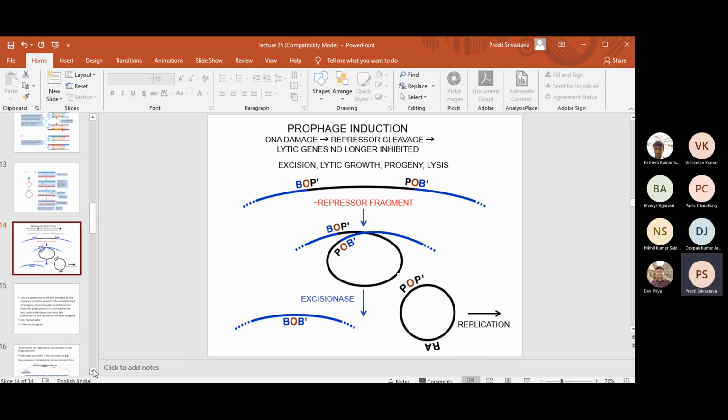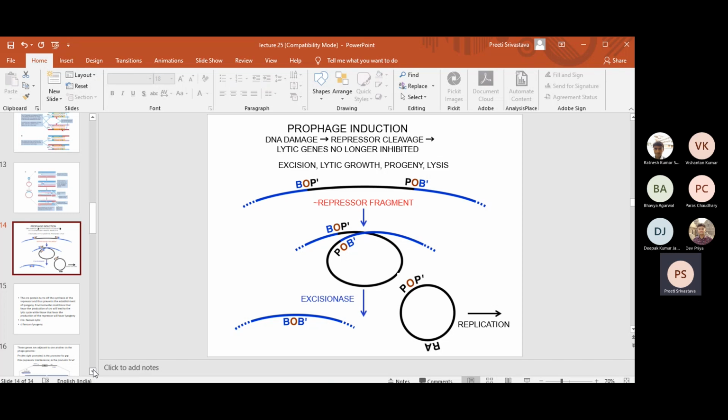But what happens is that, class, again you need to listen to me at this point carefully. This is the excision which is called a clean excision, because in this case the phage particle, the virus particle, is cleanly removed, and the bacterial DNA is cleanly maintained. For example, you got BOB prime and POP prime. As a result of excisionase, you have the viral DNA regenerated in its native state, and bacterial DNA is also there in its native state.